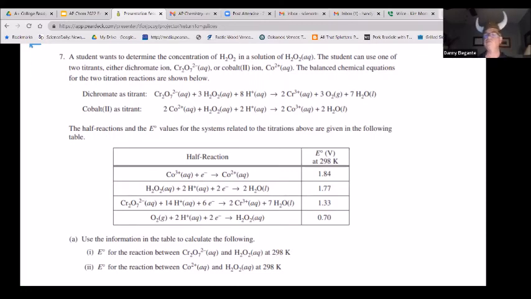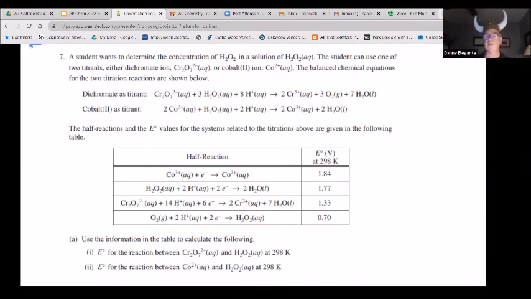And then once you decide which one to flip, when you flip the half reaction, you flip the sign. So if you flip the Cr2O7 one, so you flip it around so products become reactants, then you're going to make it negative 1.33, right?